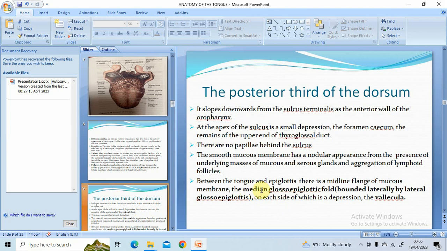Between the tongue and epiglottis, there is a midline flange of mucous membrane, the median epiglottic fold. It is bounded laterally by the lateral epiglottic fold on each side, with a depression called the vallecula.